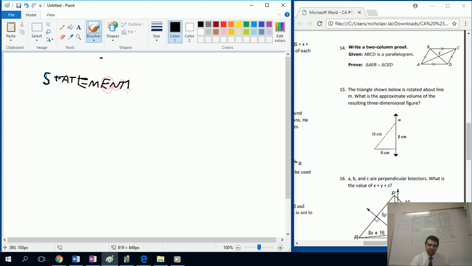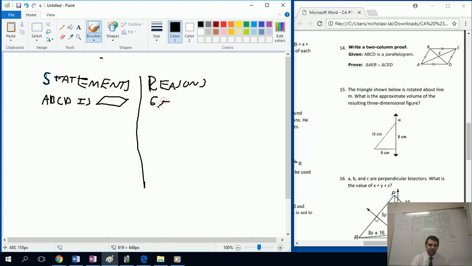We're going to have our statements, and we're going to have our reasons for our proof. ABCD is a parallelogram, that's given. It's given to us in the problem, so we can just say that's given.